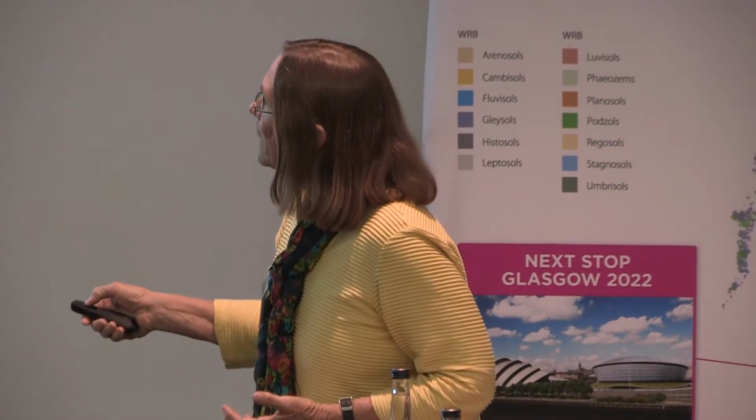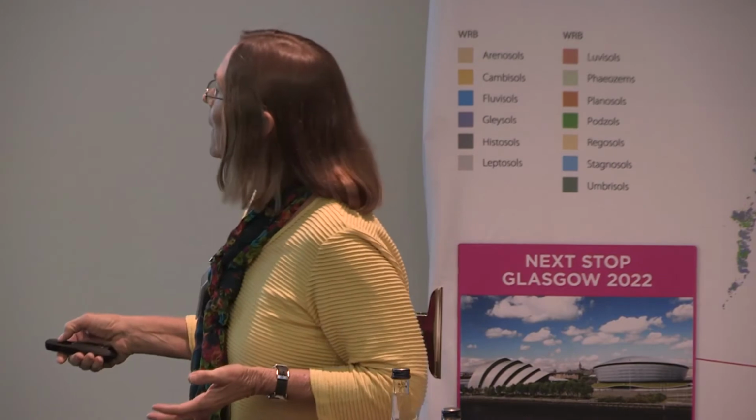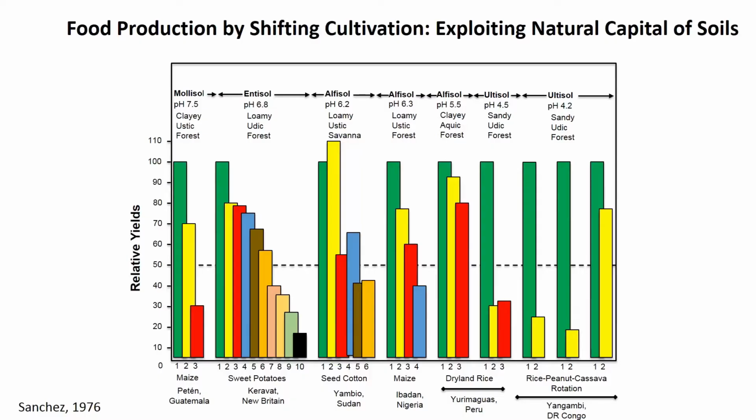Because you just slash and burn, you plant a crop, harvest, plant another one, or you intercrop. And you'll notice some of the soils can grow many, many crops before you have to abandon it. Is everyone familiar with slash and burn agriculture and shifting cultivation and fallow systems? So here's an entisol, again, a river soil with sweet potatoes.